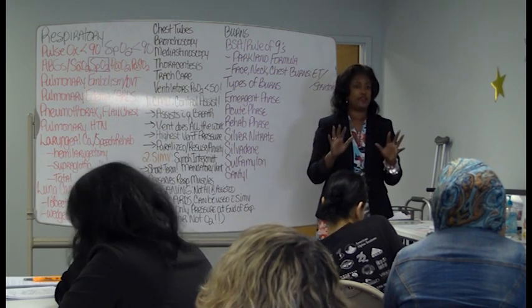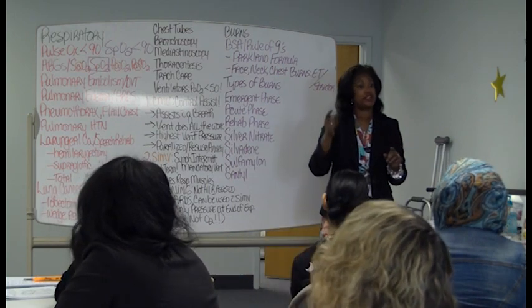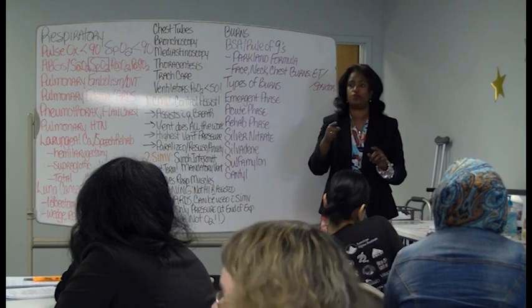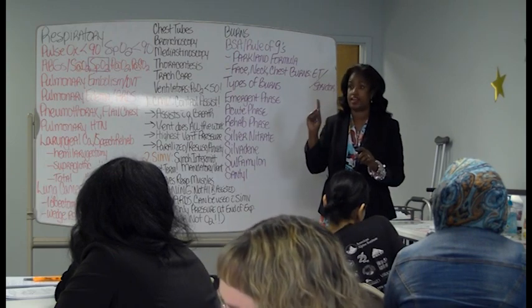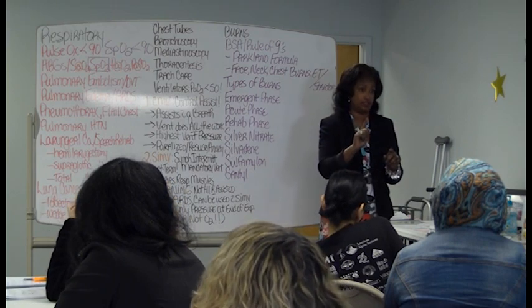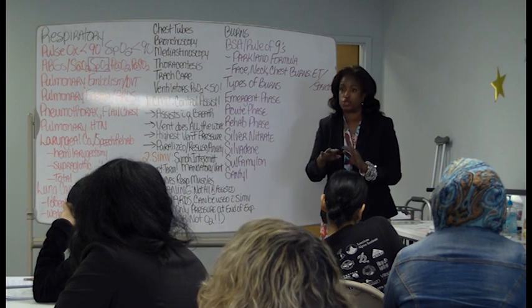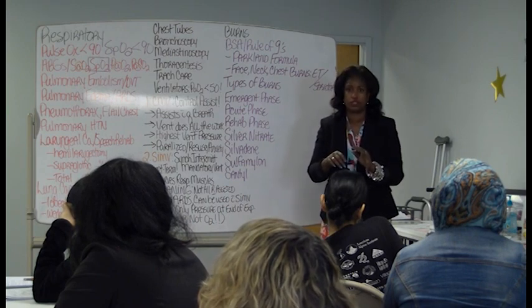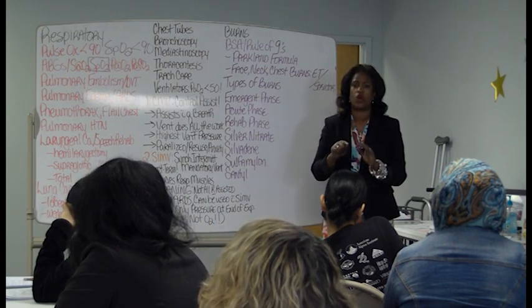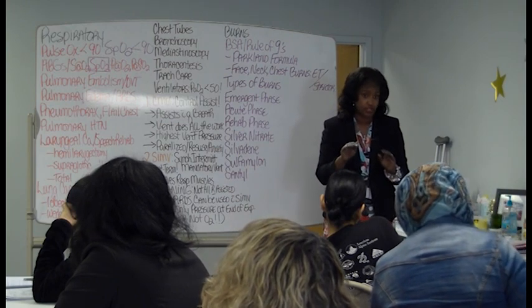Even our COPD patients have to stay above 90, not to mention they're on oxygen. So no, that wasn't true that they're allowed to pulse ox below 90. I don't care who tells you that. That is absolutely not true.